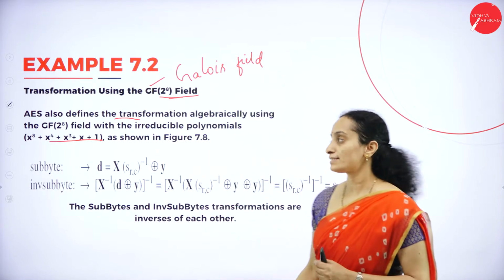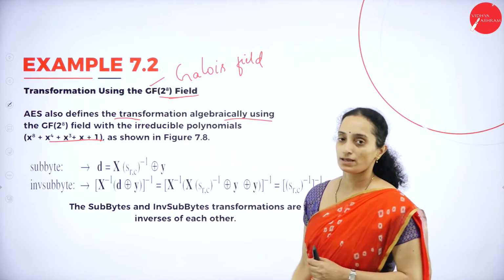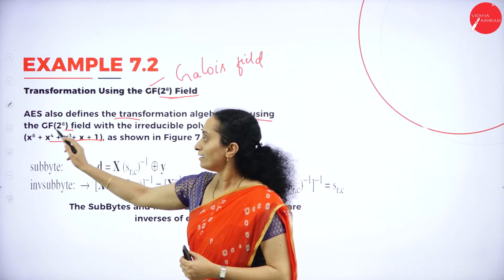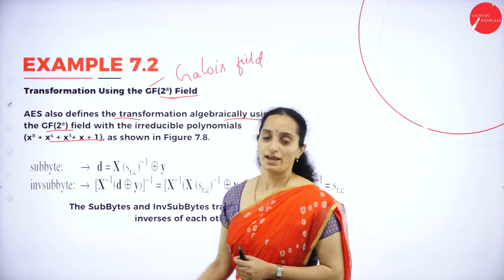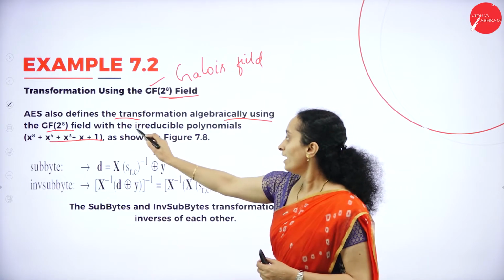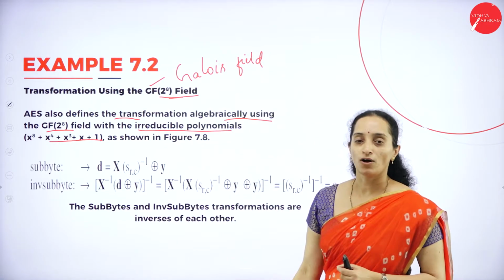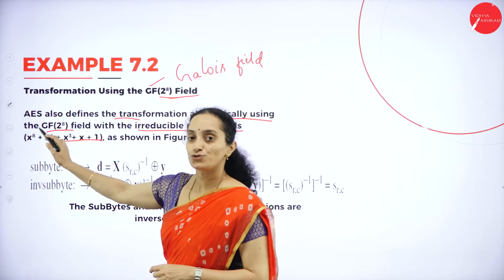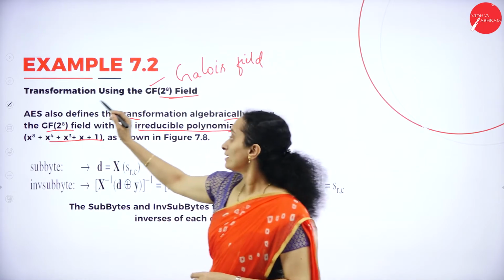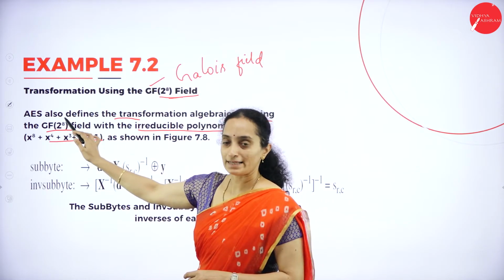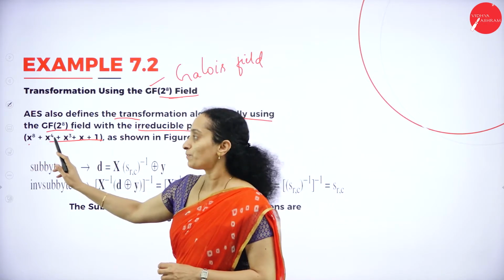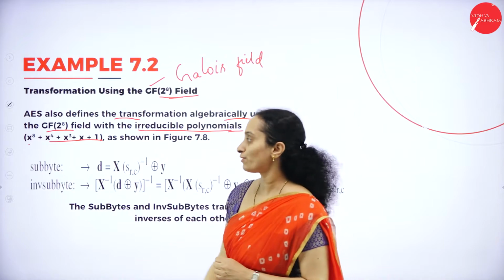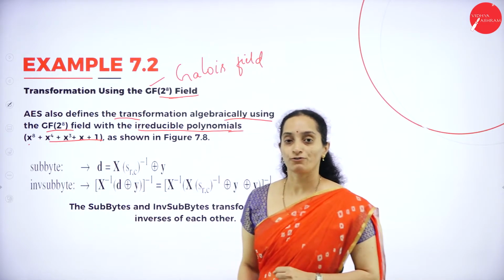AES defines the transformation algebraically using the Galois field GF 2 to the power of 8 with the irreducible polynomial x to the power of 8 plus x to the power of 4 plus x to the power of 3.